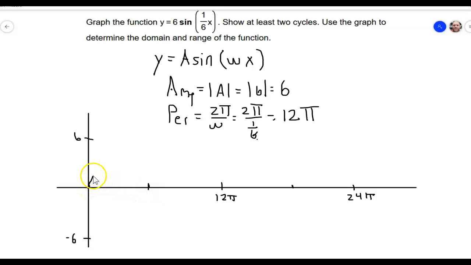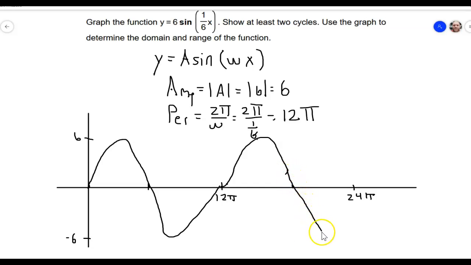So we should be going up, coming down, reaching -6, coming back up, making a full rotation there. Then going down again and coming back up like this.